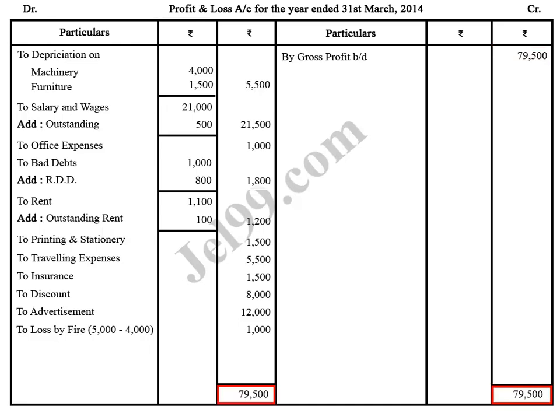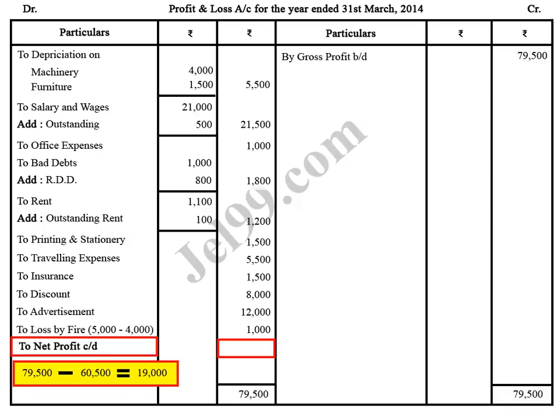Write down on both sides. Total of the debit side ₹60,500 less from total of credit side ₹79,500, so 79,500 minus 60,500 is equal to ₹19,000 as net profit, so to net profit carried down ₹19,000.